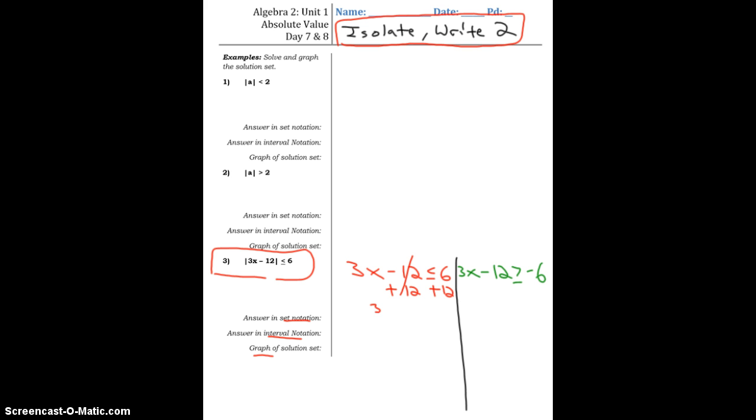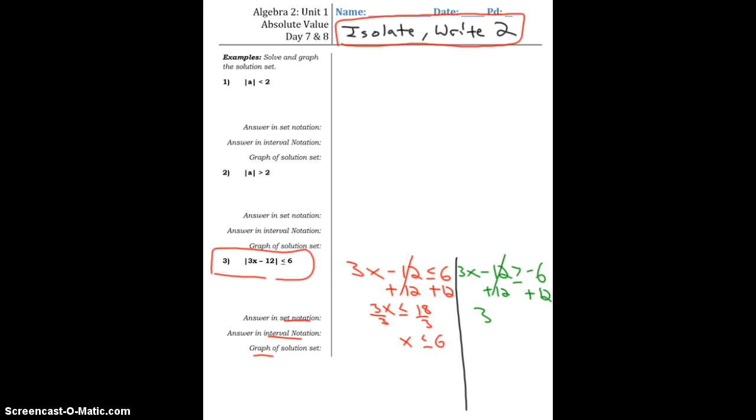3x is less than or equal to 18. Divide by 3. Divide by 3. And you get x is less than or equal to 6. All right, now let's do the one in green. Add 12. Add 12.